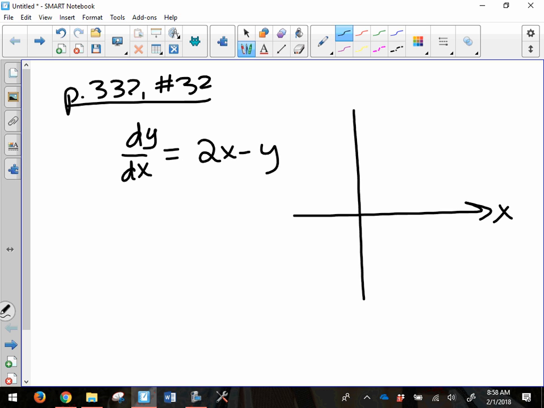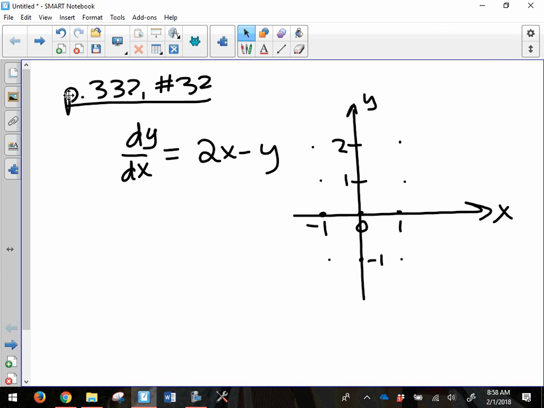I've got x and y, and I'm looking at points along x equals -1, x equals 0, and x equals +1, and then we're going from y equals -1 up to y equals 2. So I've got 12 points there, and we need to figure out how to draw in the slopes.